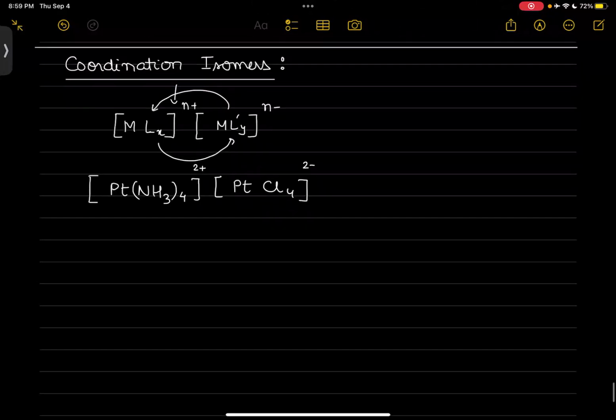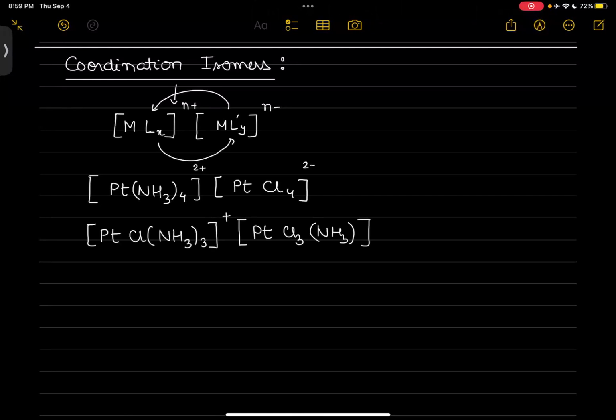One more we can do. So I have taken one chloride on the left hand side and one NH3 on the right hand side, right?